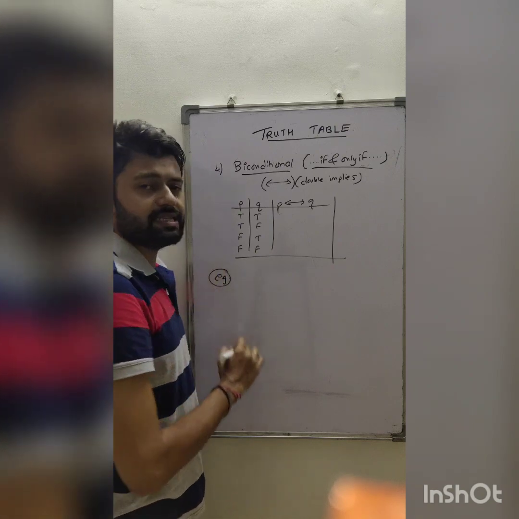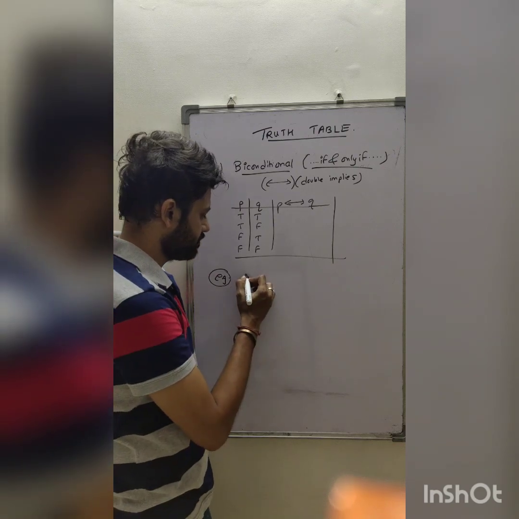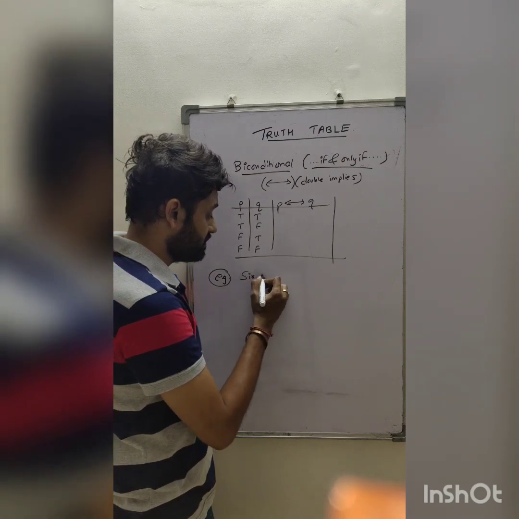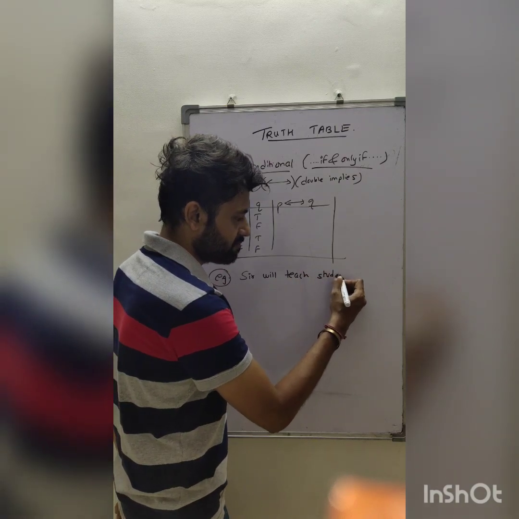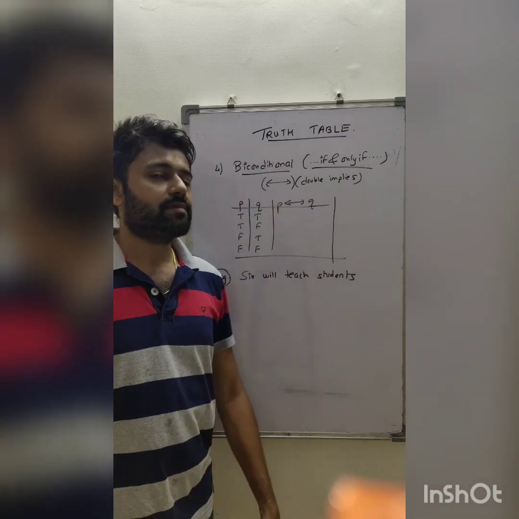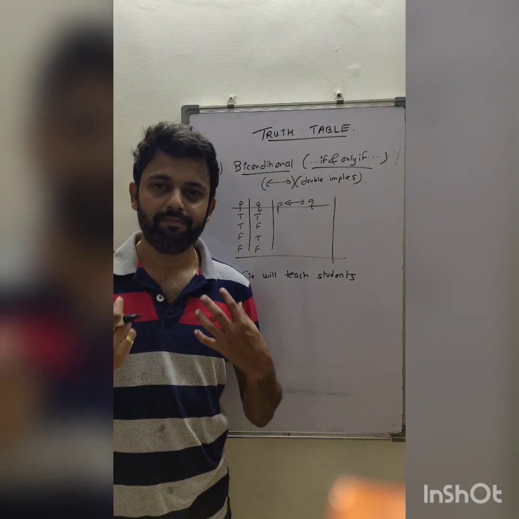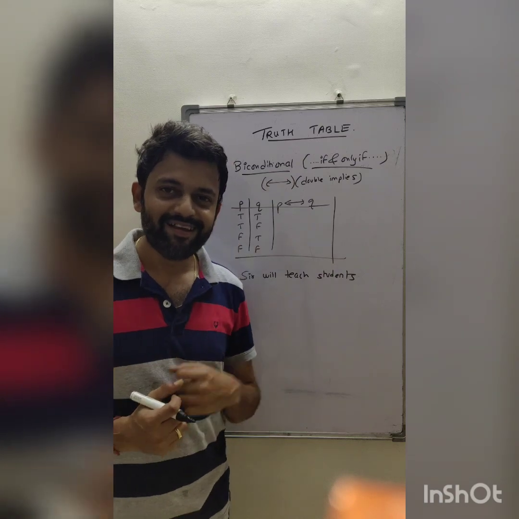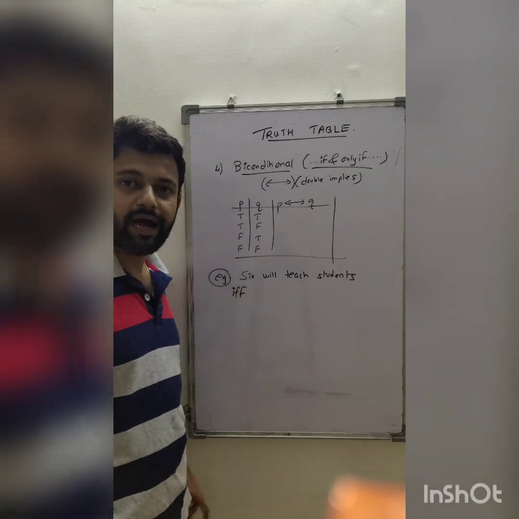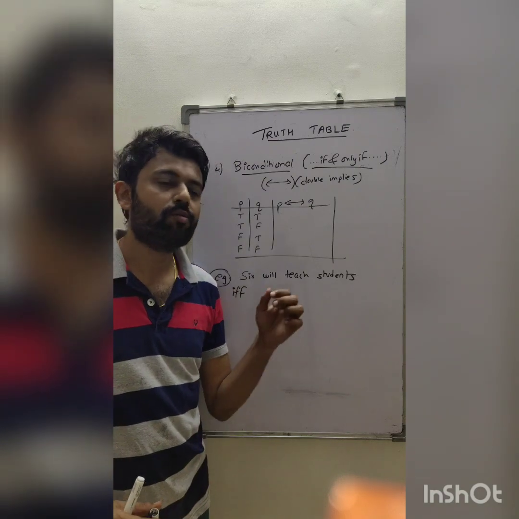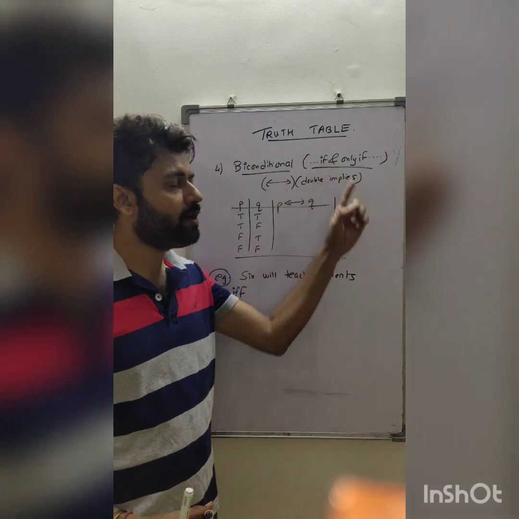To understand this table, I set one example, very much between me and you. Sir will teach students, IFF, which we call if and only if, students pay the fees.